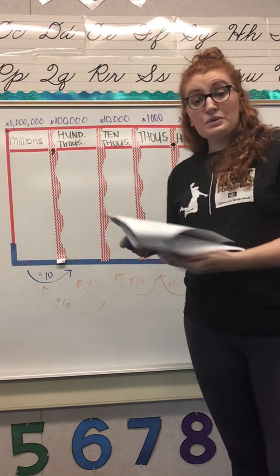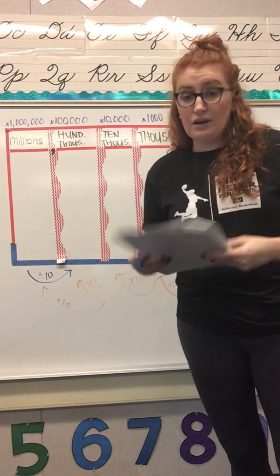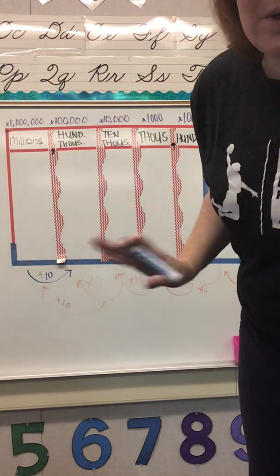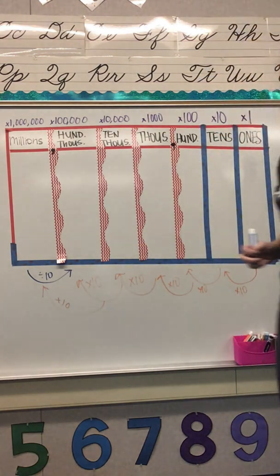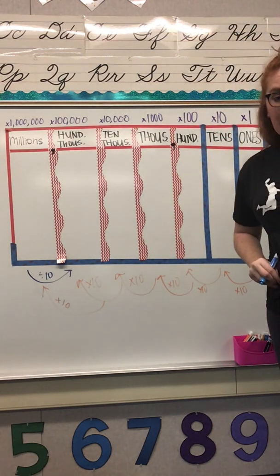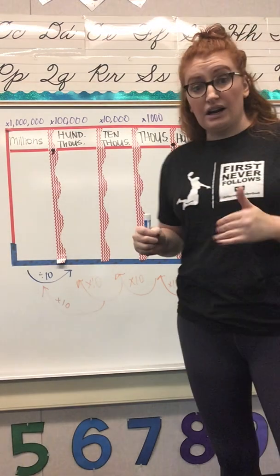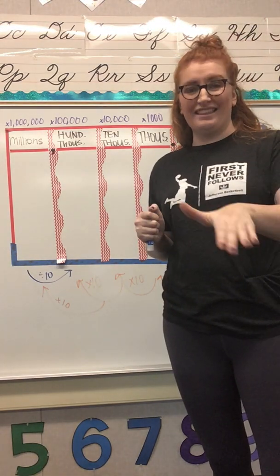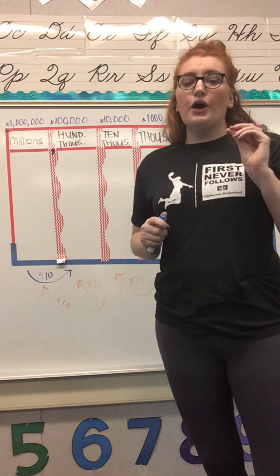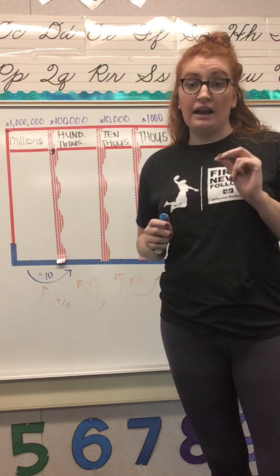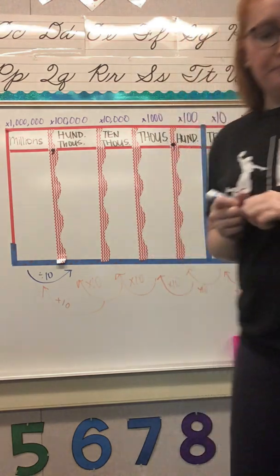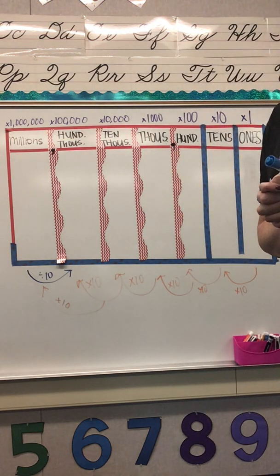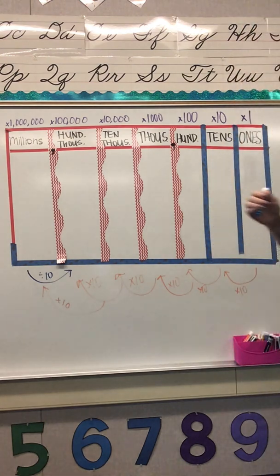The first one is labeling the place value chart, which y'all are going to be experts at by the end of this. We did this as a quiz at the beginning of the year, so I want you to redo it, but when you are reading the clues to fill in the digits on the place value chart, read them very, very carefully. And then I changed my mind, so we're going to practice a little bit.